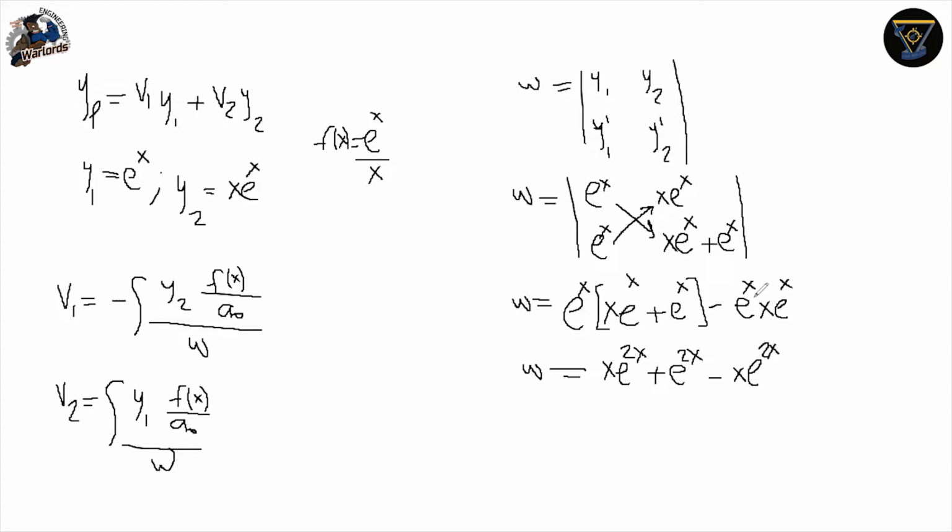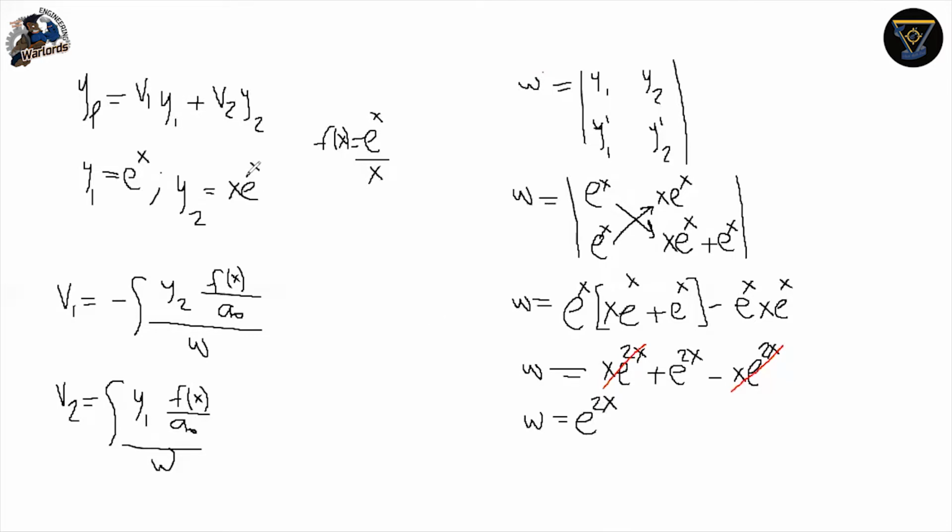Because remember that this is e to the x and this is e to the x, so it gives you e to the 2x, right? So what we realize now is that this cancels and this cancels, right? So therefore, we're left with W is equals to e to the 2x. So this is your Wronskian value.